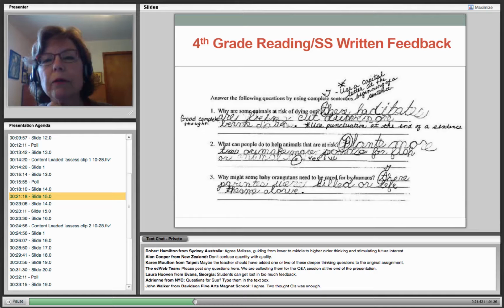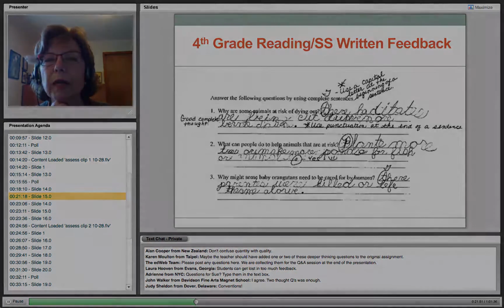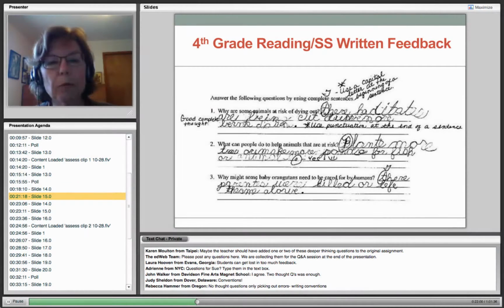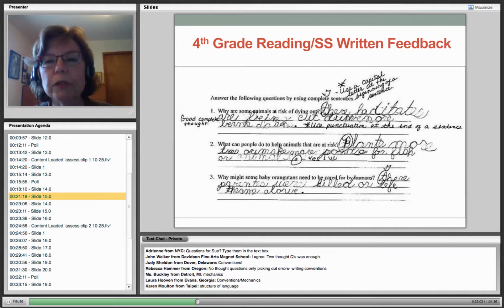Is it mostly about the content of the informational text, the social studies understandings, or is it mostly about the English mechanics? Yeah, you're right, Rebecca. No thought questions. It's just all correcting. And it's all correcting of English, with the single exception of the little yes on question 2.